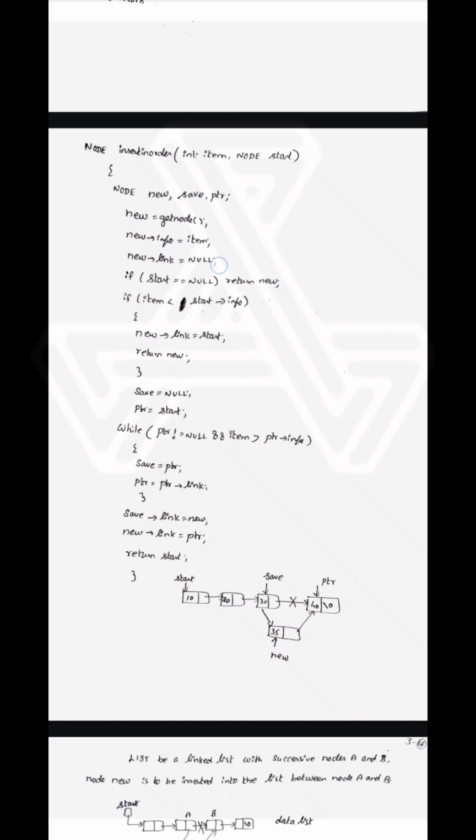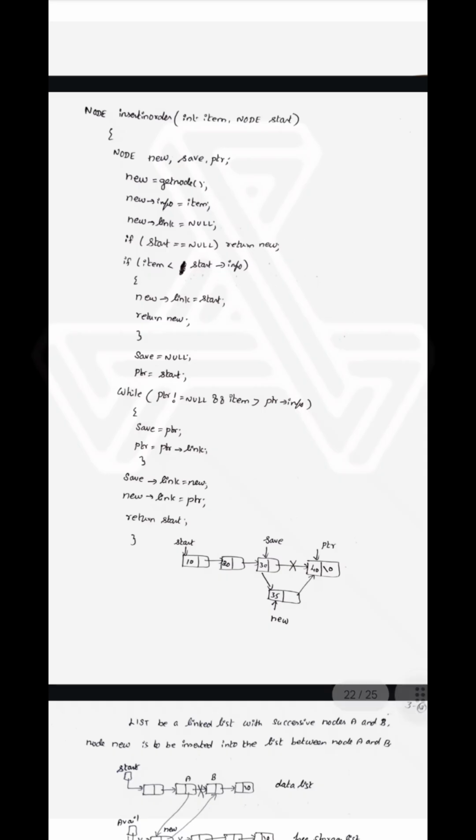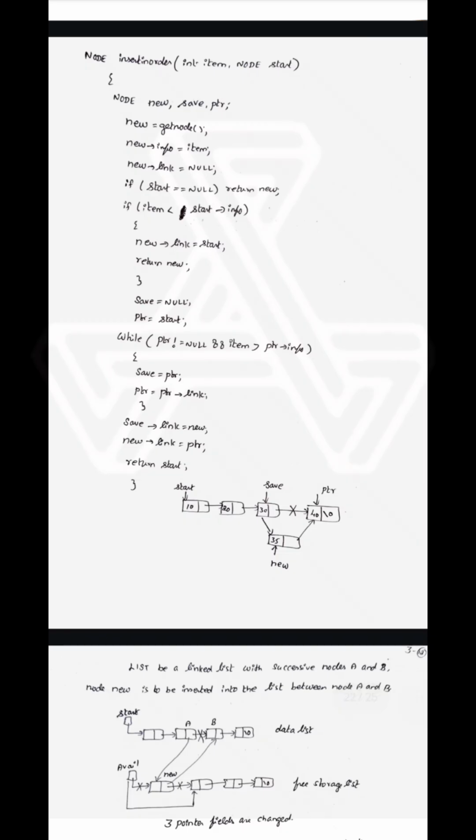While PTR is not equal to null and item is greater than PTR info, save equals PTR, PTR equals PTR link. It goes on. Save link equals new, then new link equals PTR, then return the start.